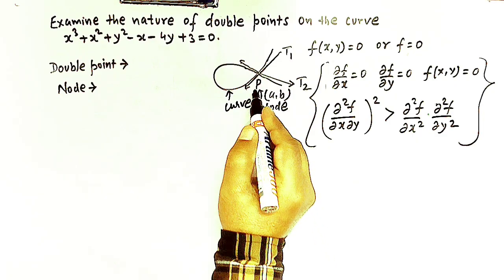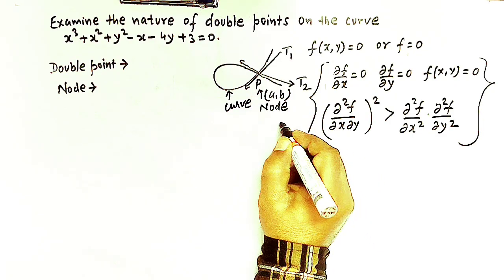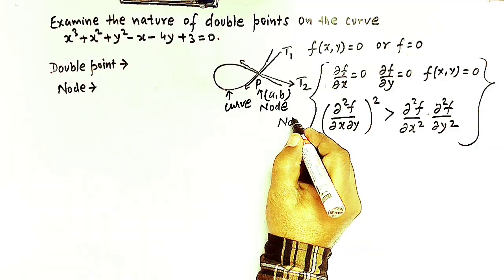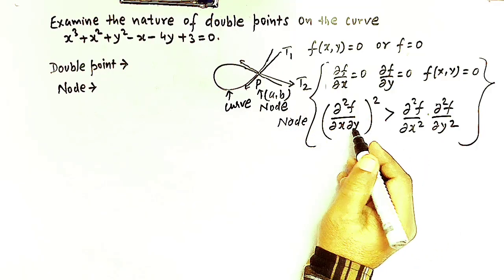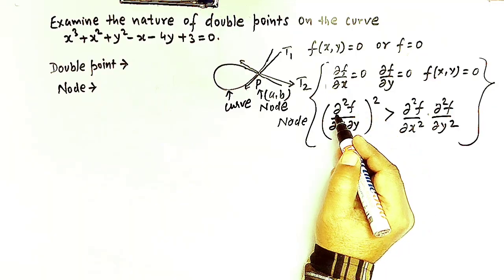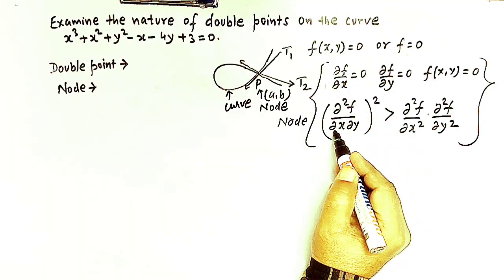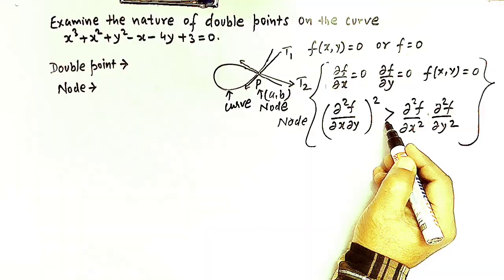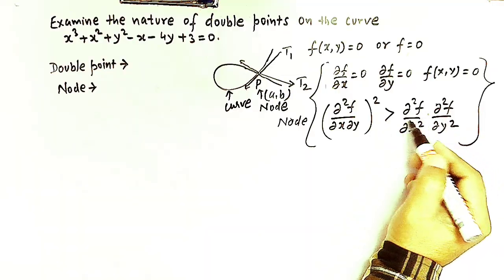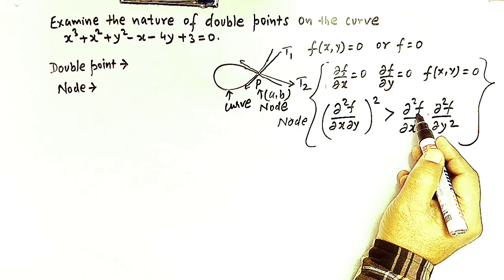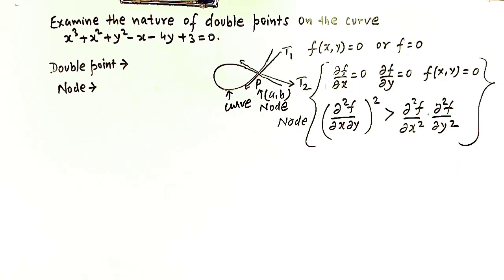And for this point P to be a node, we must have this condition, that is the square of del square f over del x del y should be greater than the product of the second order partial derivatives of f with respect to x and with respect to y.